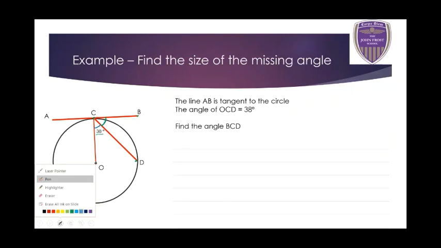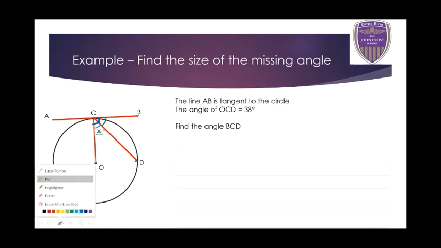Okay. But if we remember, the first circle theorem is a radius line drawn to a tangent will always be 90 degrees. So I can with certainty draw a 90-degree symbol here, because I know the angle between the radius and this tangent is going to be 90 degrees, okay?